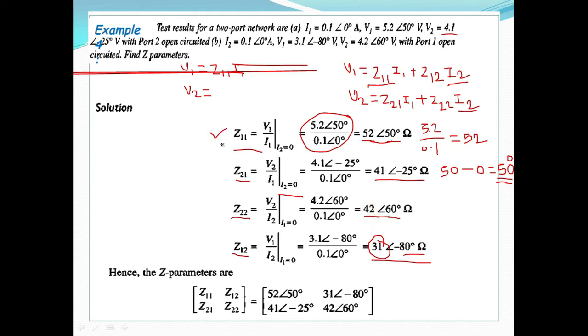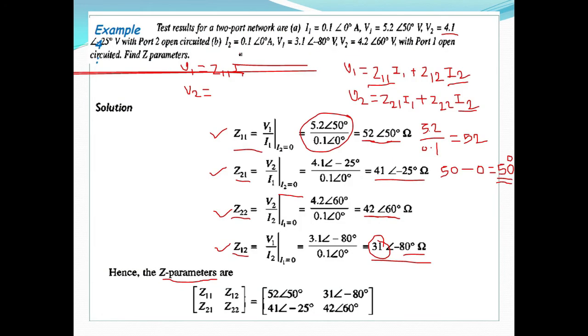So we calculated Z11, Z21, Z22 and Z12. In this way we have found the Z parameters of the given data, the test results of the two-port network.